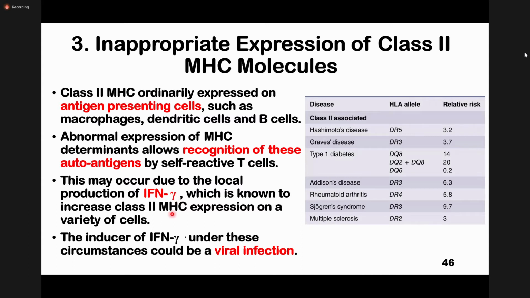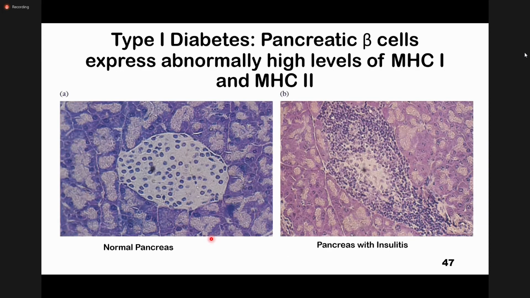Sometimes a viral infection could also induce interferon gamma. Here is an example: this is the normal pancreas, and this is the pancreas with insulitis, like type 1 diabetes. You see the expression of MHC is increased.